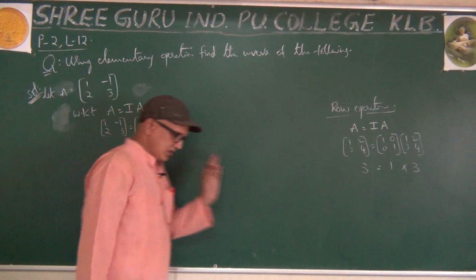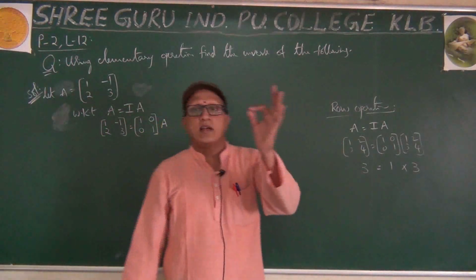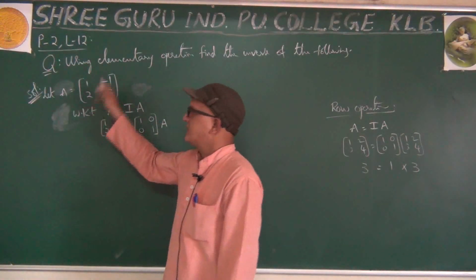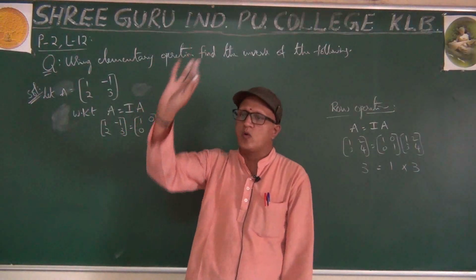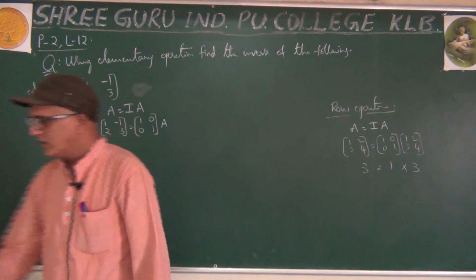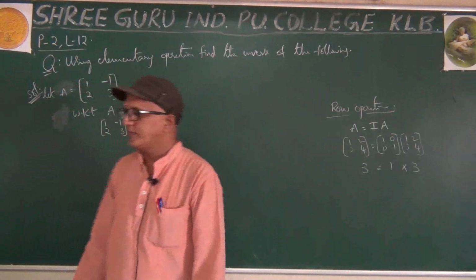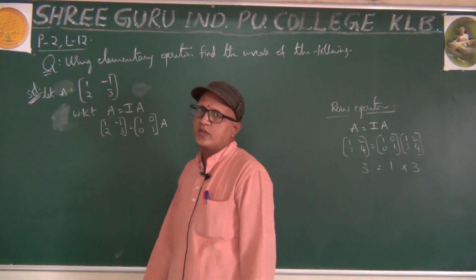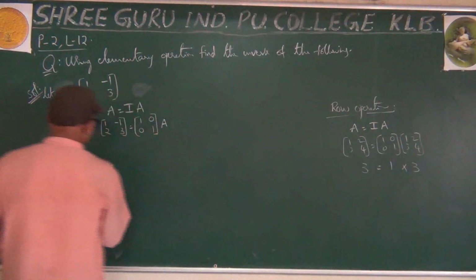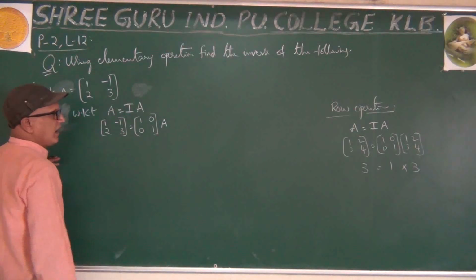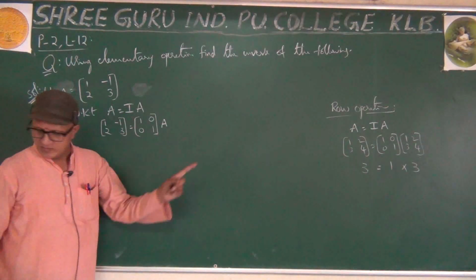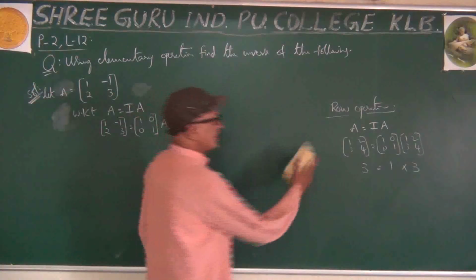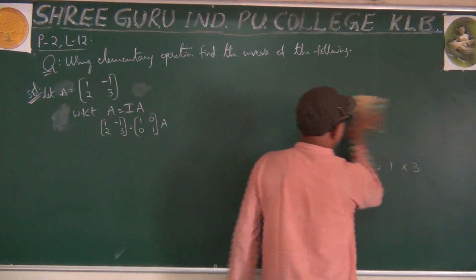Now we are going to find the inverse of this matrix by using row operation. Let's see. As per row operation, this one we have taken already.